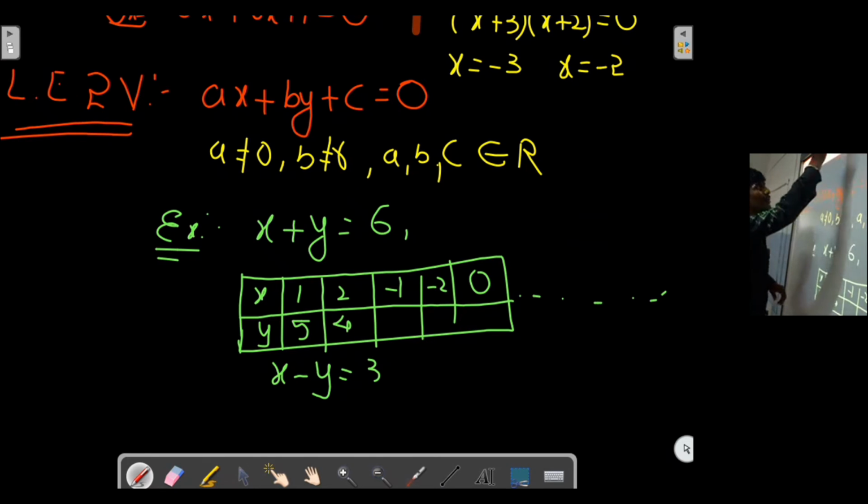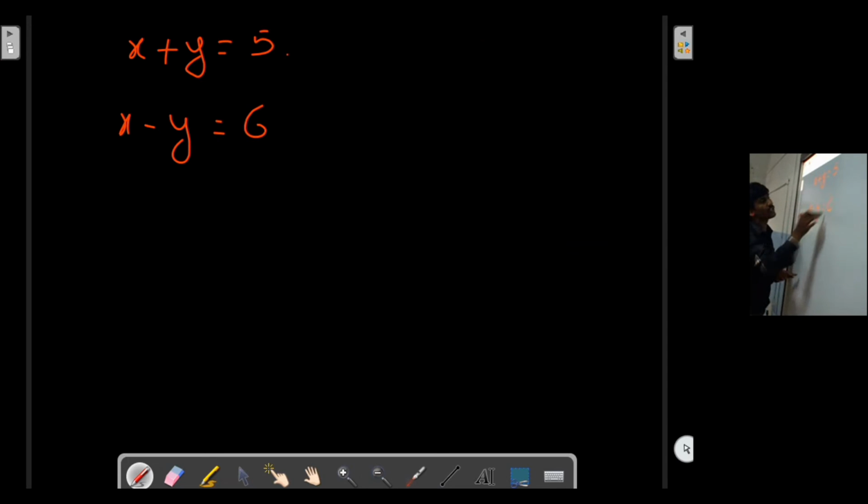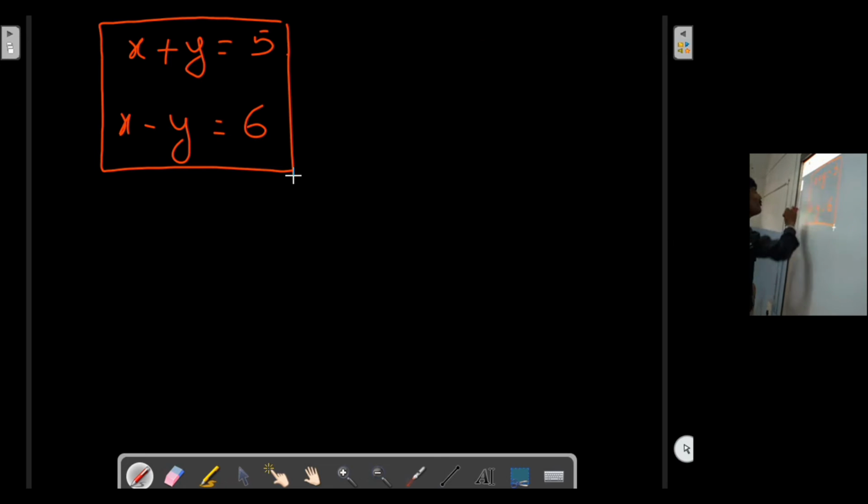We'll write on a new page. See here, one equation I will take: x plus y is equal to 5. That is one equation, and x minus y is equal to 6 is another equation. Are these two equations a pair of linear equations in two variables or not? Yes, no doubt, because already these two are linear equations in two variables.